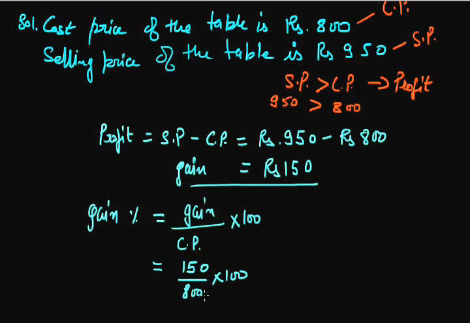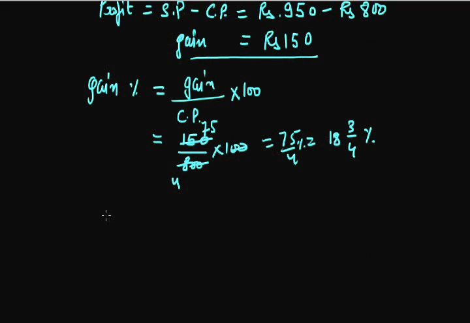So we can cancel 2 zeros with 2 zeros here. Again we can cancel it by 2, 2 4s are 8 and 2 7s are 14, and 1 will be the remainder, and that will be 5. That is 75 upon 4, or we can write it as 18 3/4%.